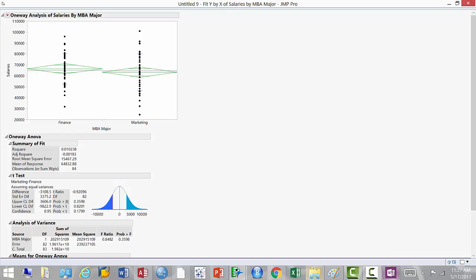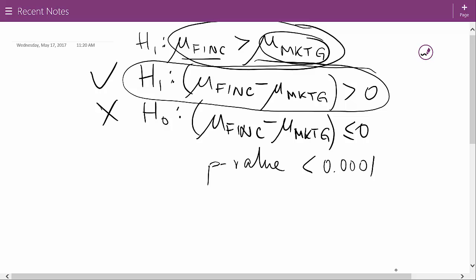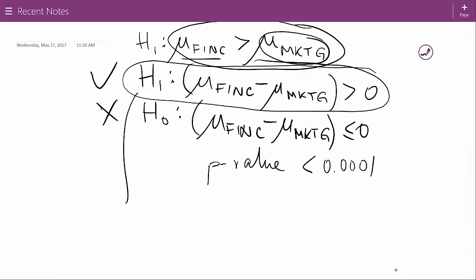Well, it's easy to fix actually. If we go back to our hypothesis, this one, if I want to change my H1, make it appear different: right now it's testing finance minus marketing. What will happen if I want to test marketing minus finance? I have to multiply both sides by -1. And when you multiply both sides of an inequality by -1, what happens with the sign?